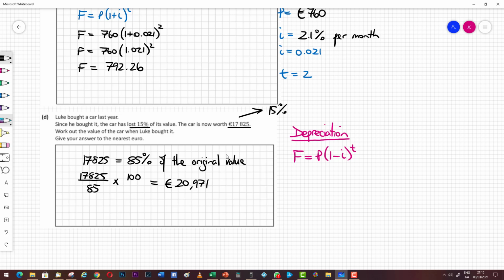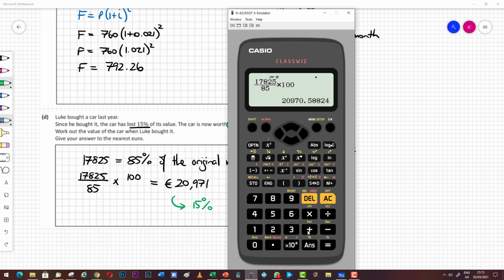So 20,971. Now let's just test that for a second to make sure that this is right. So in an exam, if you have time left, you obviously want to do some testing of it. So if I find 15% of 20,971 and take it away, I should get the 17,825.